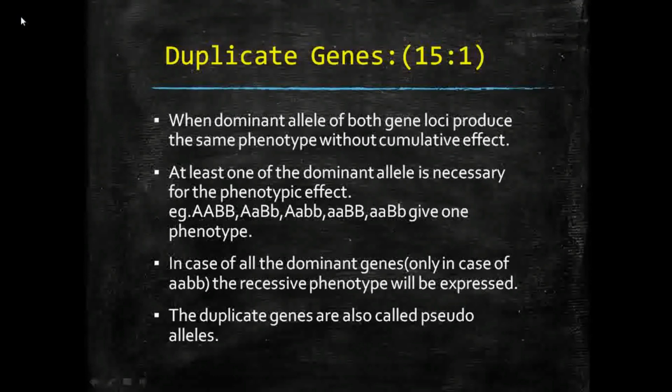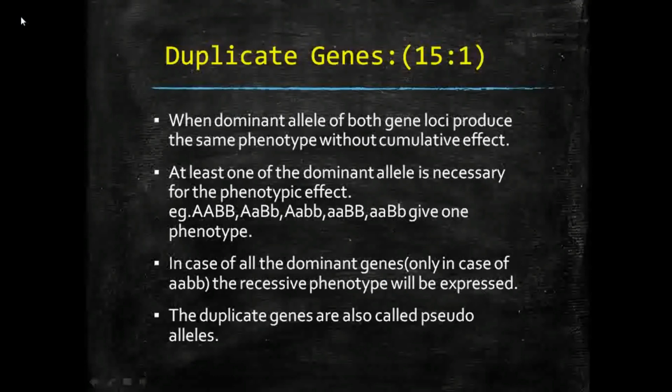In the next case, small a, small a, capital B, capital B. In this case there are two recessive genes of A, and the second gene is capital B, capital B. So here it will again express itself even though there is recessive a.